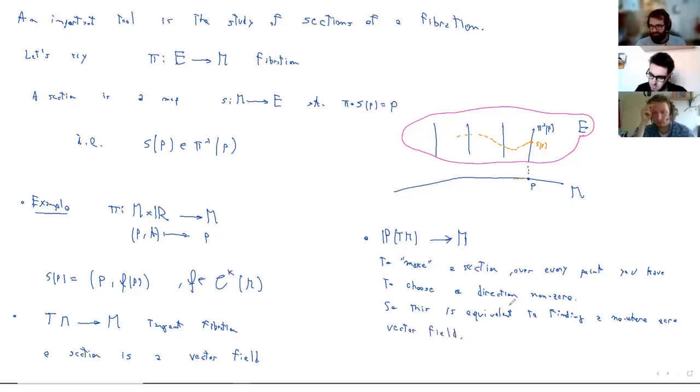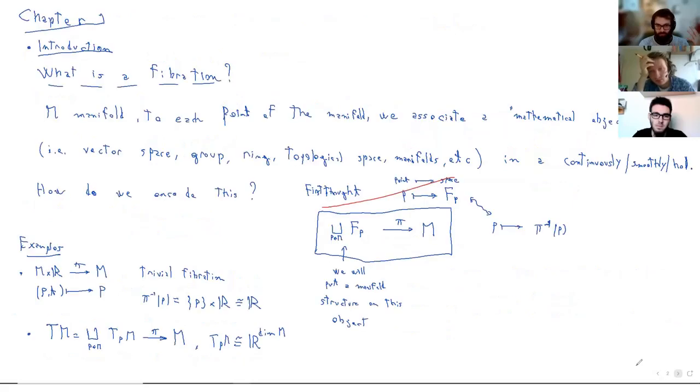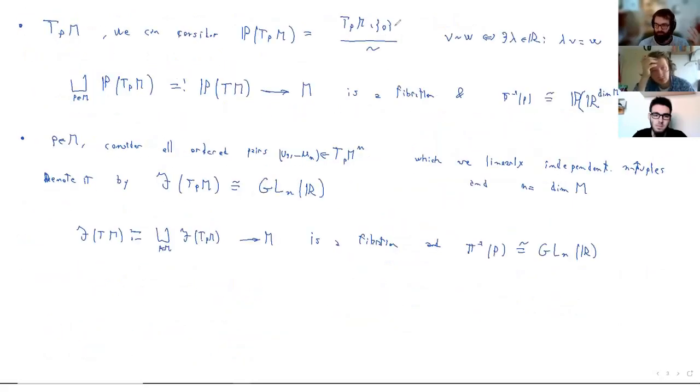Okay, so let's examine what I wrote here. Let's say you want a section here. So over every point, you want not just a vector, not just an element of TPM. You're satisfied with a direction in TPM. But the problem is that it needs to be non-zero, because if we look back at the definition of our projectivization, we're removing zero.